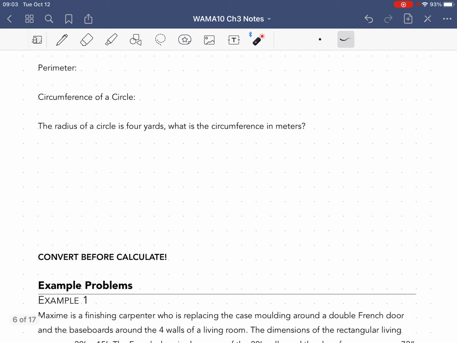All right, so we've got a couple of formulas that we need to remember. Perimeter. Perimeter is the distance around an object.